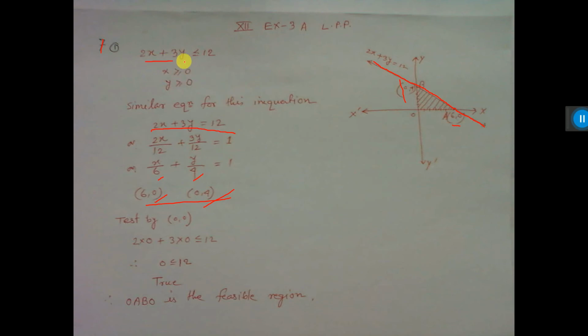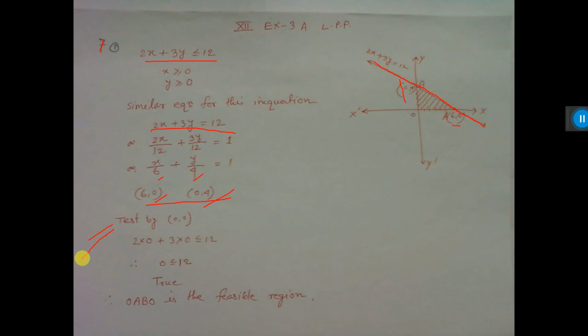Now this is an inequation, so you have to shade one side. Remember one thing, the shading will be in the first quadrant only, it will not go to any other quadrant. Why? Because x greater than or equal to 0, y greater than or equal to 0.